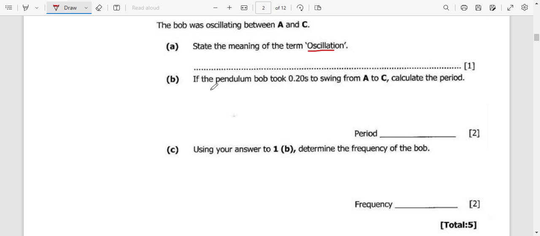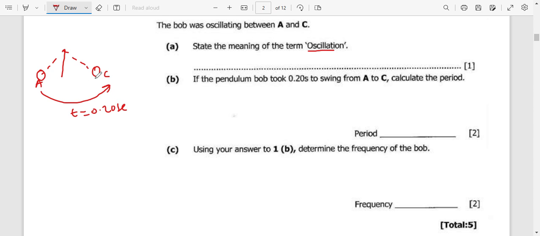And then part B is saying if the pendulum took 0.2 seconds to swing from A to C, calculate the period. Now, you saw that A was here and then C was there. We've been told to move from here to there, and the time it took was 0.2 seconds.